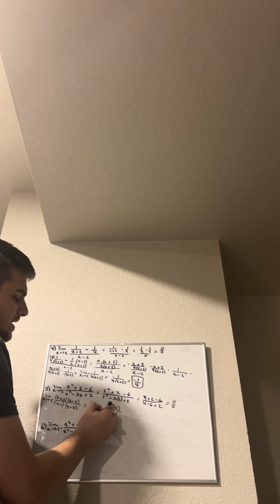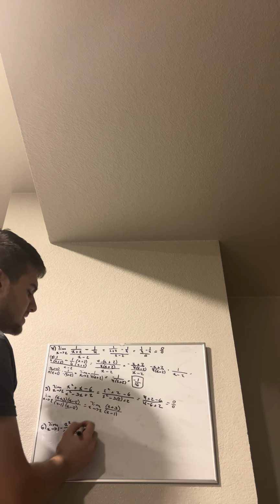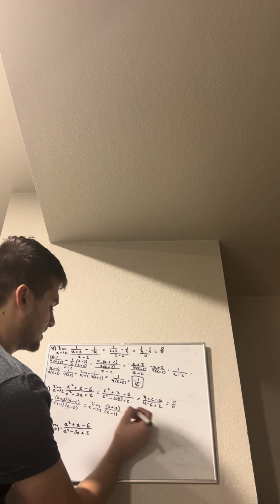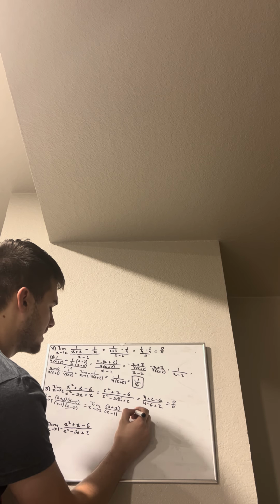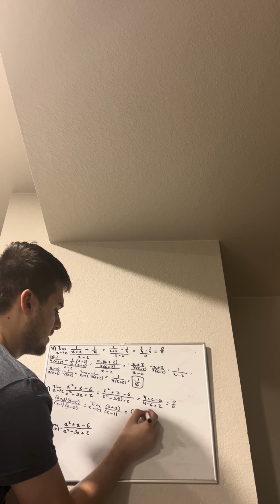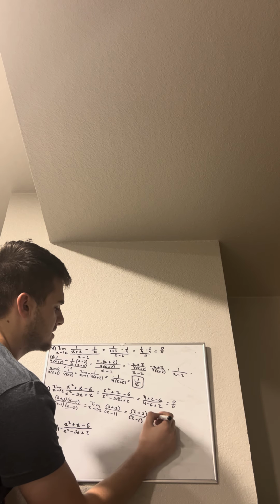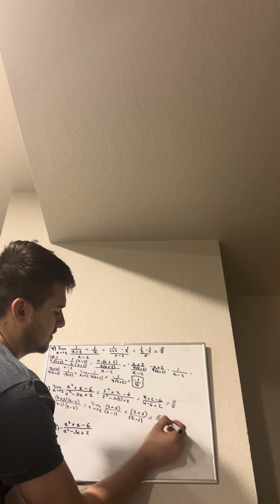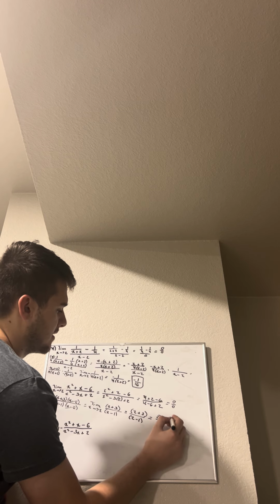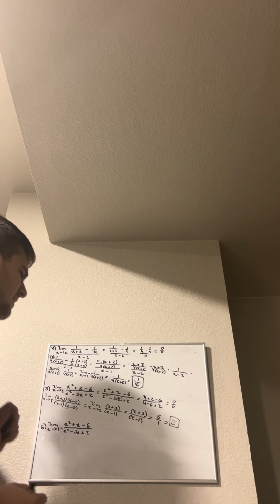So now we can just apply the value of the limit directly into the expression. Substituting it in, we do 2 plus 3 over 2 minus 1. So essentially we get 5 over 1, or this would just be 5 for the answer, just like that.